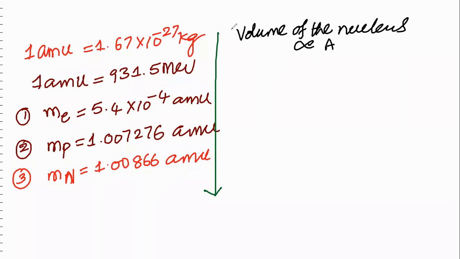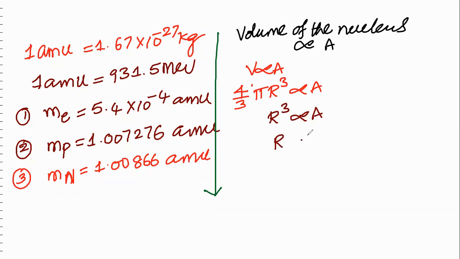Volume is proportional to A. From this we write the volume of the nucleus as 4/3 pi R cube is proportional to A. From this, R cube is proportional to A. Then R is proportional to A power 1/3. To replace this proportionality, we will take a constant. R is equal to R0 into A power 1/3.